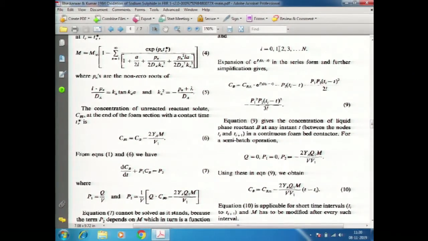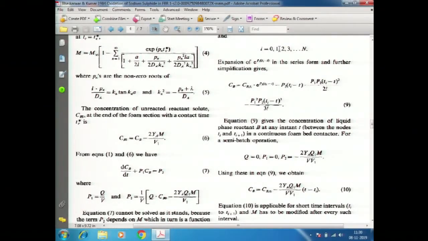M infinity is the amount which will enter the film given infinite time, and we presume here that the oxygen in the gas pocket is limiting. So, it will all be absorbed given sufficient time. So, this M infinity is also the initial amount of oxygen present in the gas pocket associated with the film.